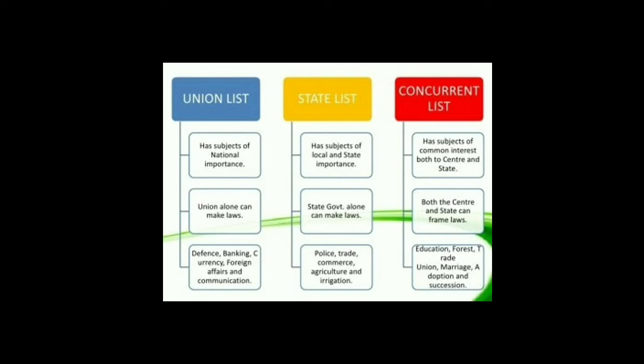So here the center or the union alone will make laws and implement them. The subjects in the union list, such as defense, foreign policy, atomic energy, banking, post and telegraph, and communication, are all controlled by the central government, and they can pass laws on these subjects.